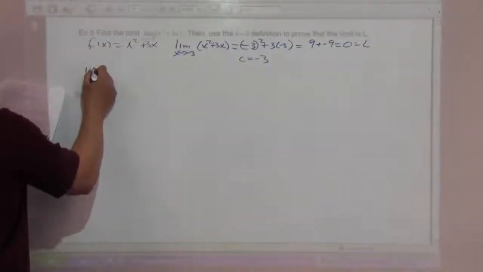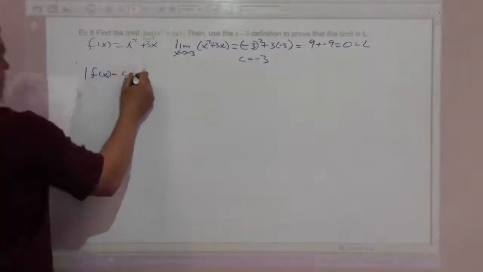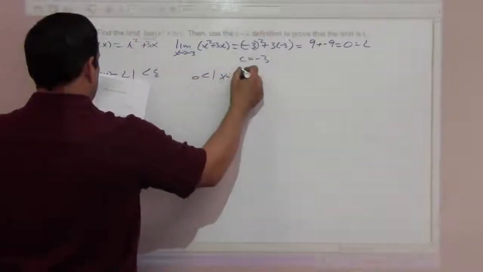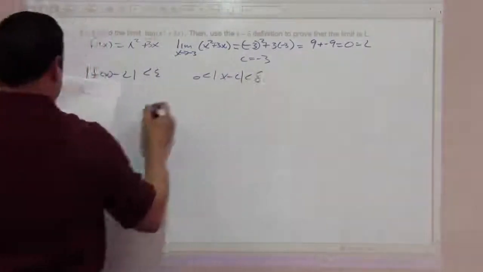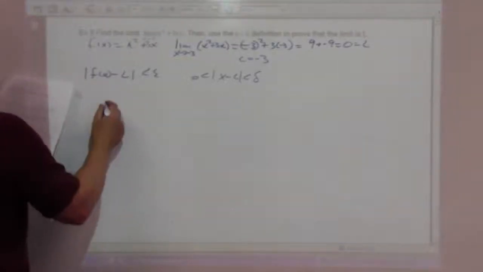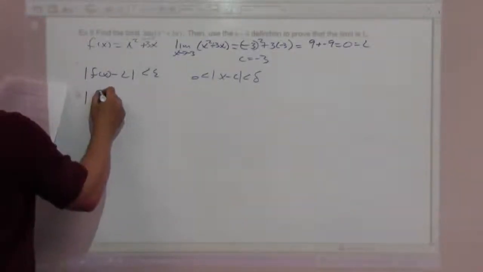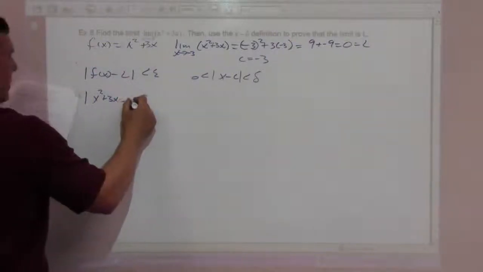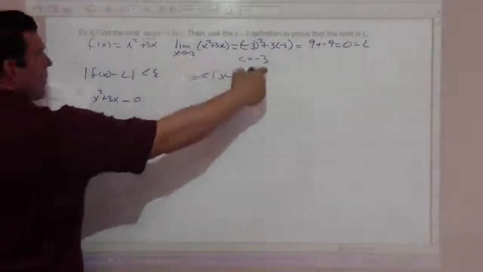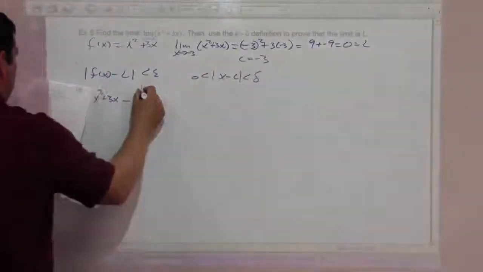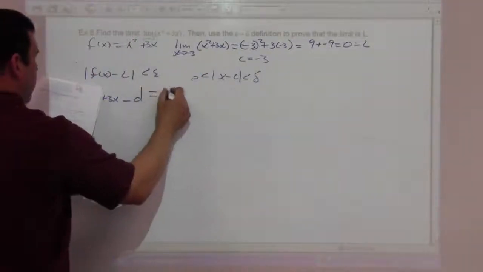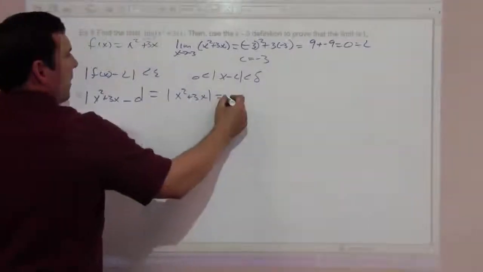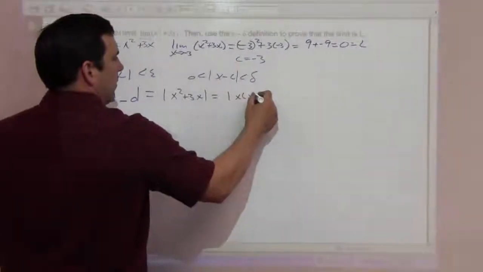So again, we're looking at the absolute value of f of x minus L is less than epsilon, when 0 is less than the absolute value of x minus c, less than delta. So we have x squared plus 3x, this is our f of x, minus 0, this is the limit. That's going to be equal to the absolute value of x squared plus 3x. That's going to be the absolute value of x times x plus 3.